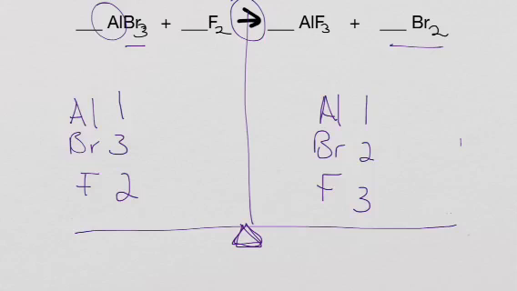We can go back and fix them. For example, on the next one here, bromine has 3 and bromine has 2. So we have to multiply, and you are only allowed to multiply. You are not allowed to add, subtract, or divide. Only multiply each of those to get the same number of them.